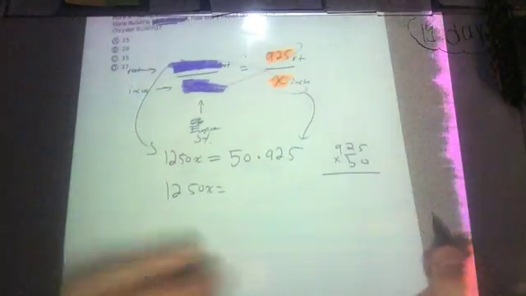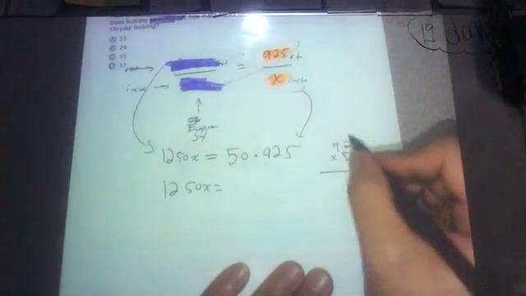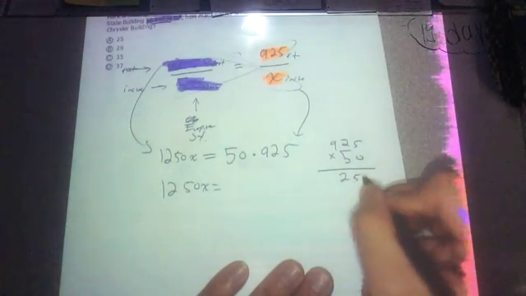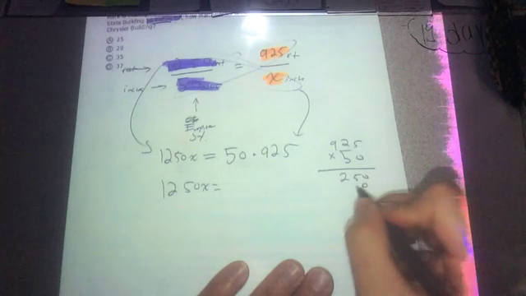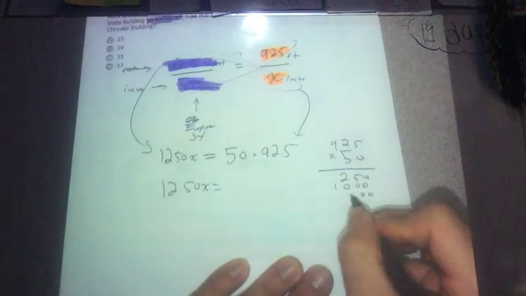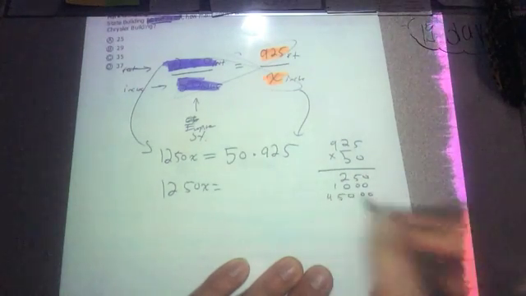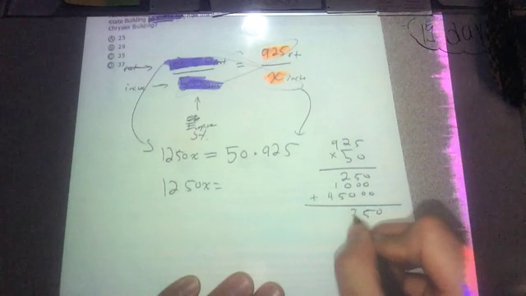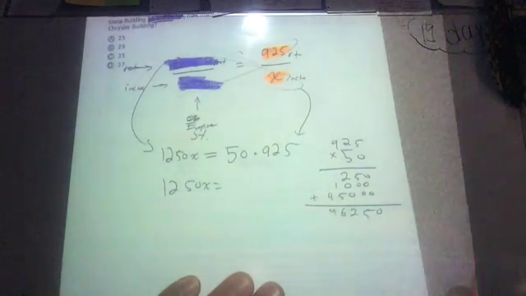Now I do multiplication kind of a silly way. You can do it how you would like, carrying the tens and the hundreds. 50 times 5 is going to be 250. 50 times 200 is going to be 1,000. And 5 times 9 is 45. Okay, add these together.